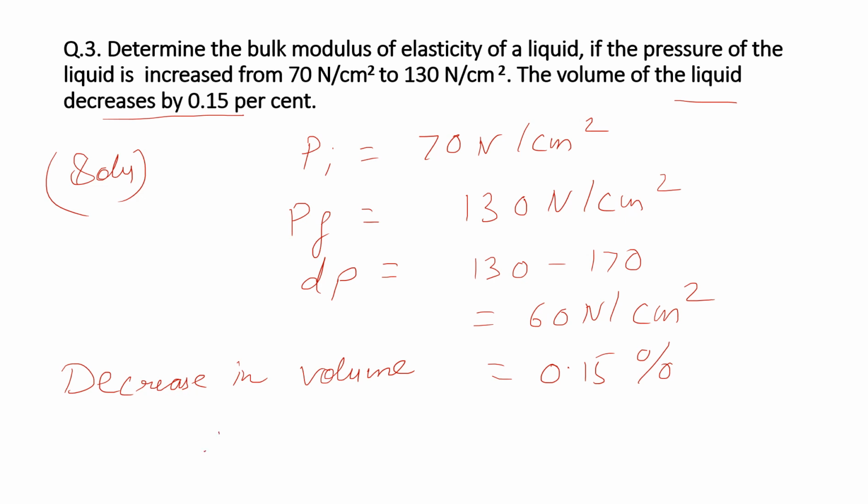So we will find the volumetric strain, which is given as this. So here it will come out to be positive because the volume of the liquid is decreasing, so if we subtract the initial volume from the final volume, we will get a negative quantity, and this negative sign will make it positive. So we will write it as plus 0.15 by 100. So this is our decrease in volume, or this is our volumetric strain. For finding the bulk modulus, we will use the general formula of bulk modulus and we will put all the values in it.